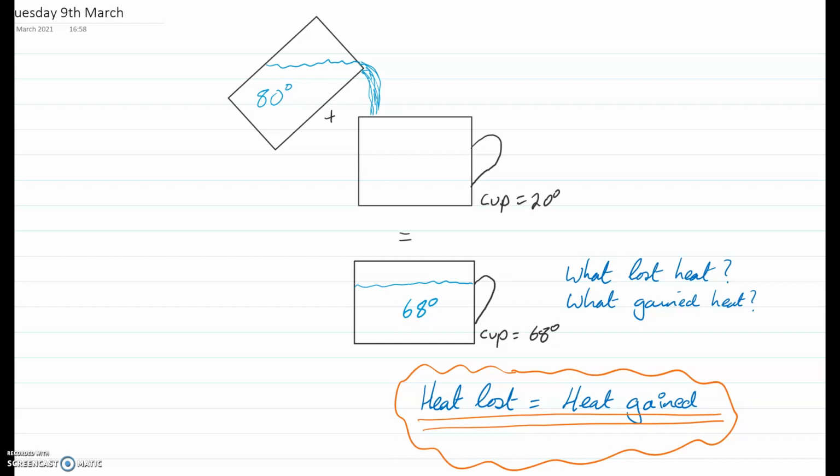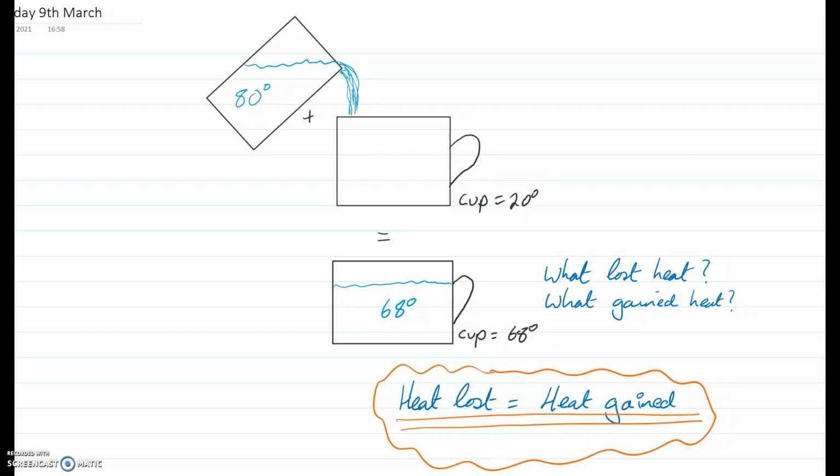So a couple of simple questions to ask are, what has lost heat energy here and what has gained heat energy? Both the water and the cup have changed temperatures. One has risen and one has dropped in temperature. So it's relatively straightforward to think about what has lost heat energy.